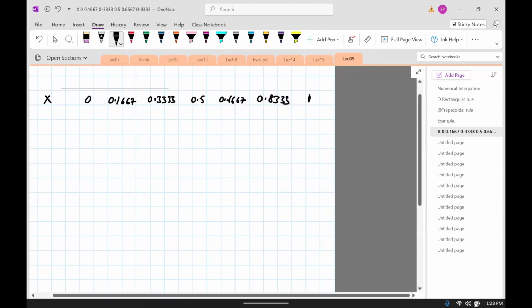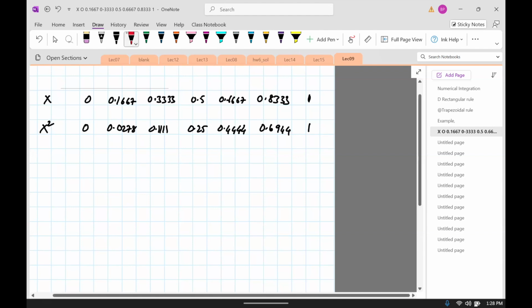And then 1. Okay, then this is f of x. So just squared it. 0.0278, 0.1111, 0.25, 0.4444, 0.6944, and then 1.